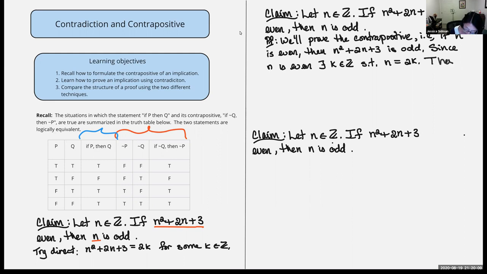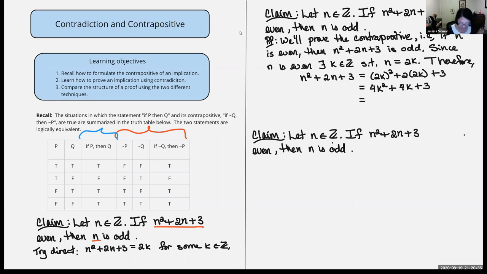Therefore, when we look at n squared plus 2n plus 3, that's equal to the quantity 2k squared plus 2 times 2k plus 3, which is 4k squared plus 4k plus 3.